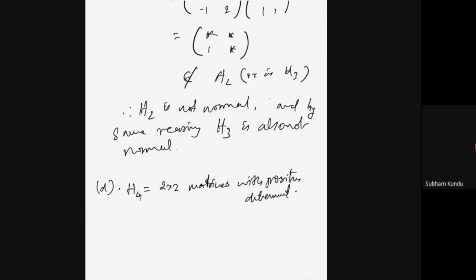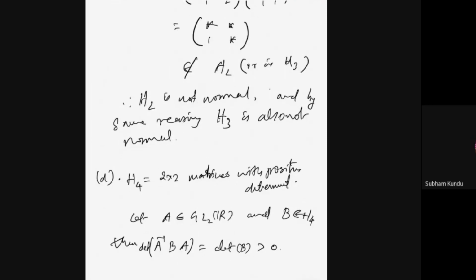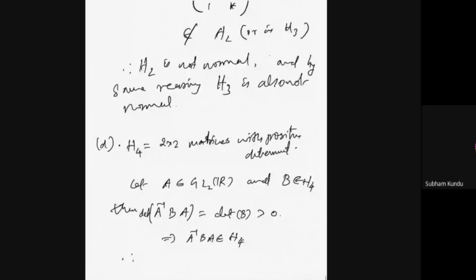So if you take some A belongs to GL2R and B belongs to H4, then the determinant of A inverse BA is the same as the determinant of B. This is positive, since by assumption B belongs to H4. Therefore the determinant of A inverse BA is also positive, which implies A inverse BA belongs to H4. Therefore H4 is normal.